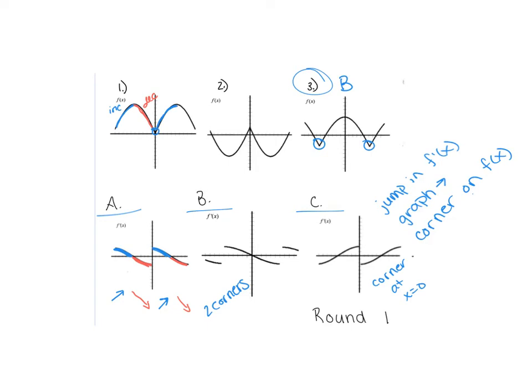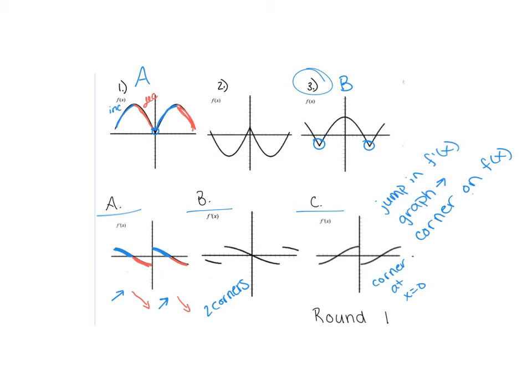I'm increasing, and then I'm decreasing. So this is going to line up with derivative graph A. I have increasing, decreasing, increasing, decreasing, just like I had on my derivative. I had positive, negative, positive, negative. Now let's double check with graph C.